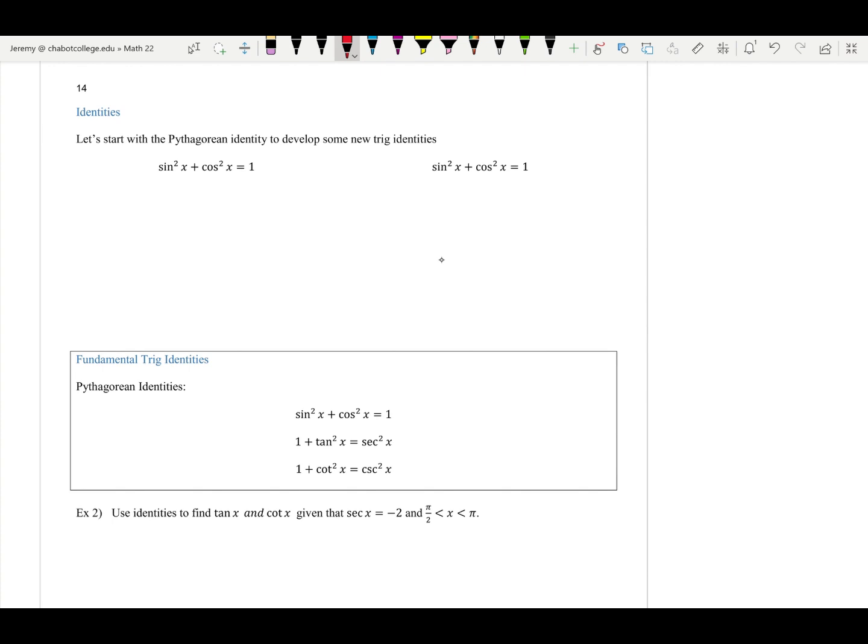For this first one, we're going to do 2 of these. I'm going to divide both sides of the equation by sine squared x. Okay, so if I divide both sides by sine squared x, that's the same as dividing each term by sine squared x.